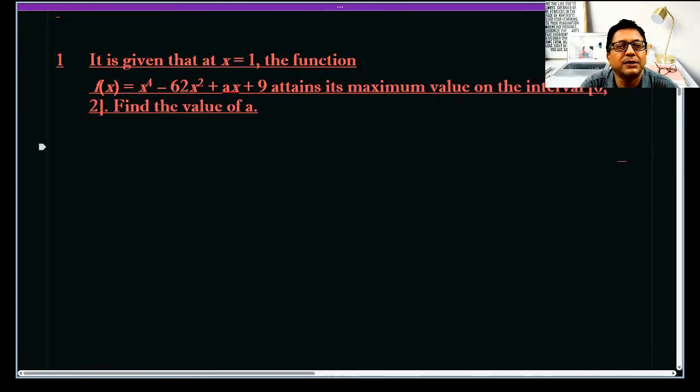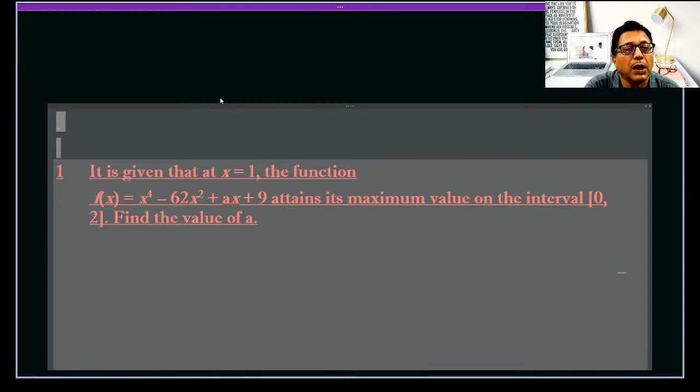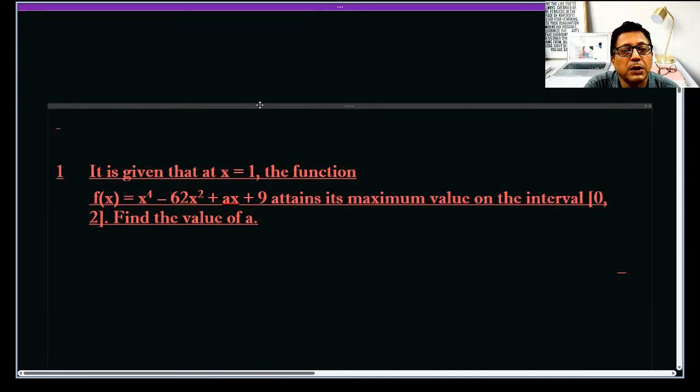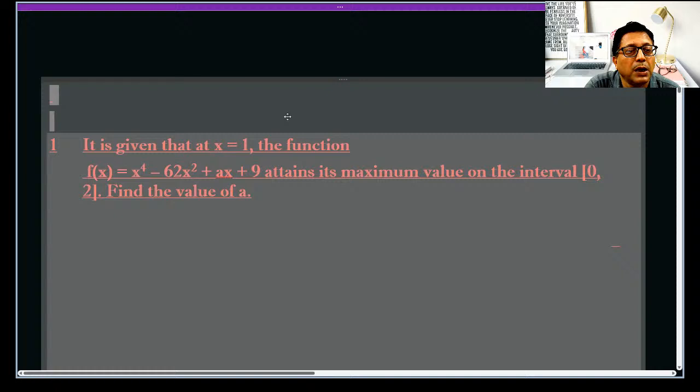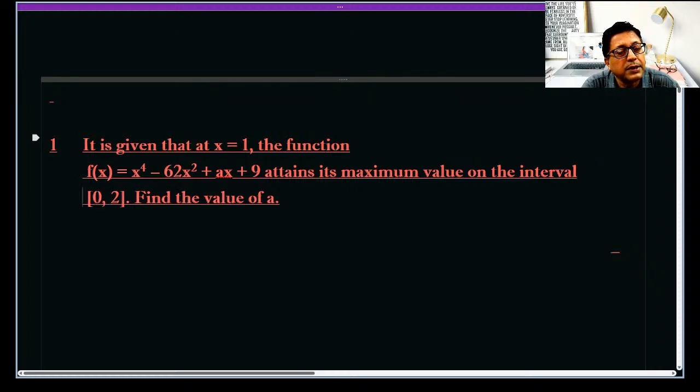It is given that the function f(x) equal to x to the power 4 minus 62x square plus ax plus 9 attains its maximum value on the interval 0 to 2.